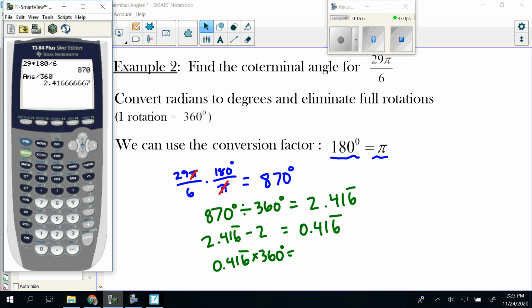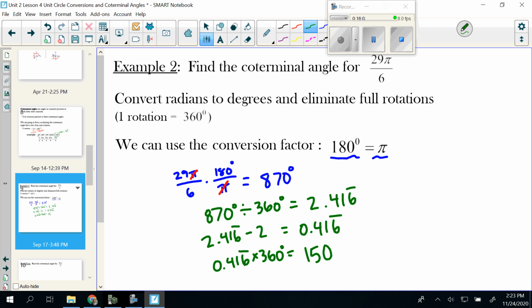So I'll do those same steps on my calculator, minus 2 times back by 360, and this should give us the coterminal angle. So the coterminal angle here would be 150 degrees.